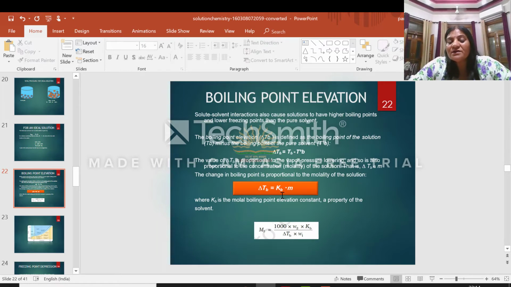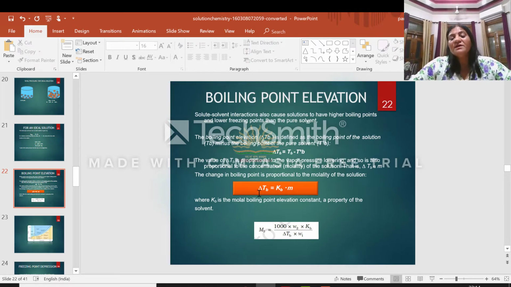Delta Tb is equal to Kb into small m, where small m is the molality of the solution and Kb is the proportionality constant, which we call the ebullioscopic constant or molal boiling point elevation constant. Kb is given by three names: proportionality constant, ebullioscopic constant and molal boiling point elevation constant.